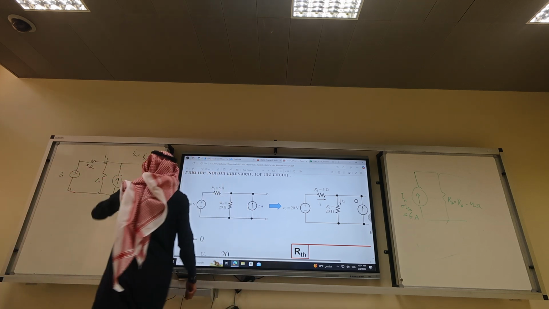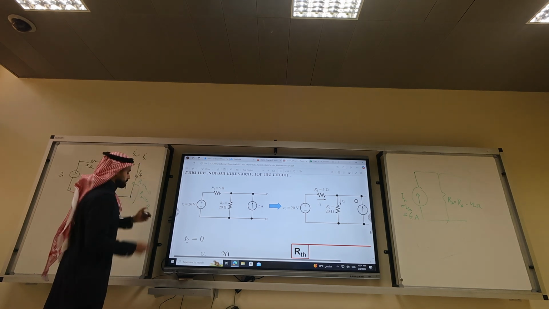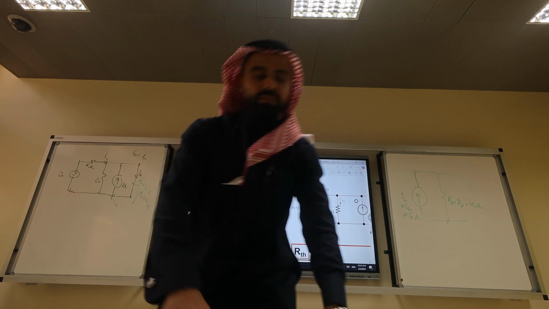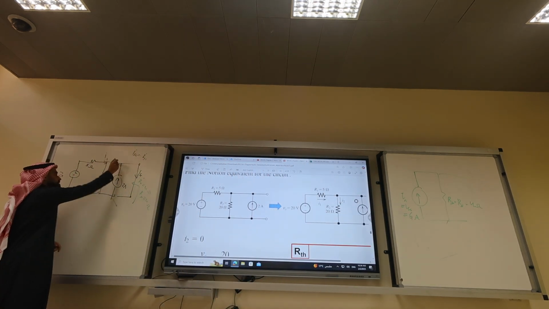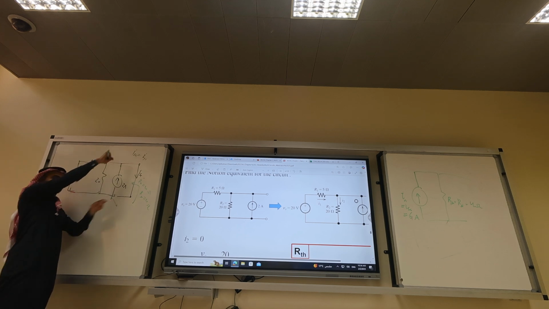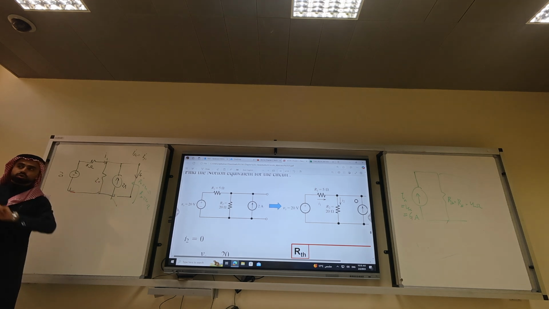So you literally connect a short circuit here and try to calculate I short circuit. By doing that, you now know the voltage drop here is 0 because you're short circuiting. Is the short circuit going to destroy the current source? No.